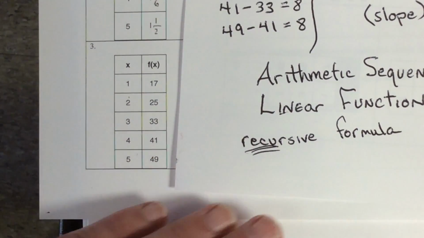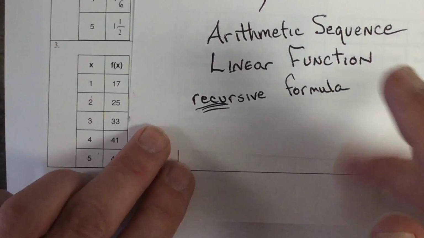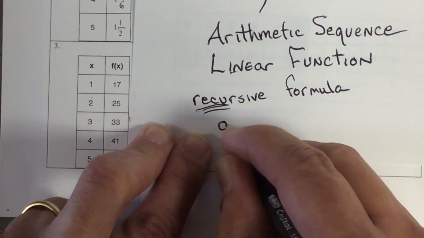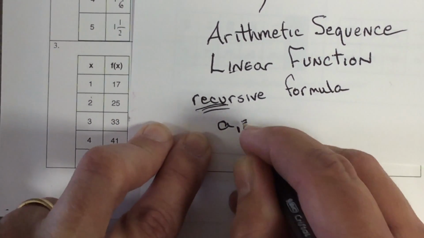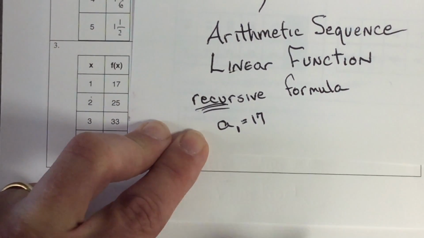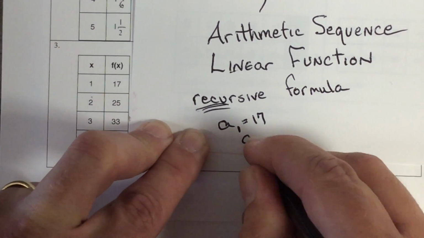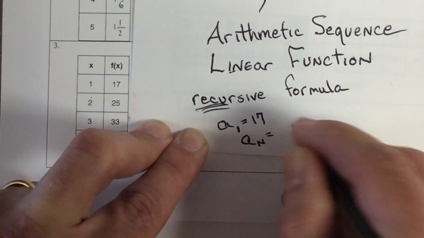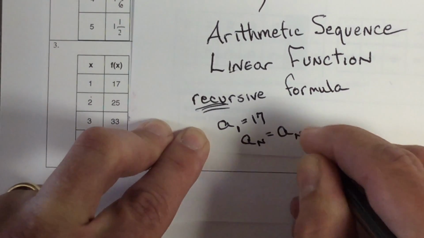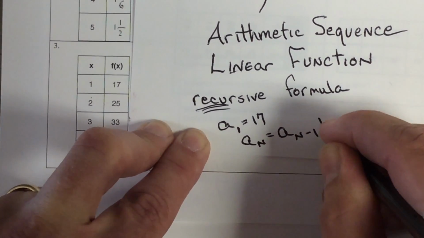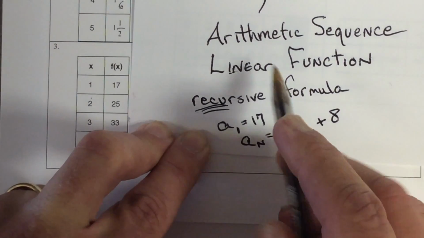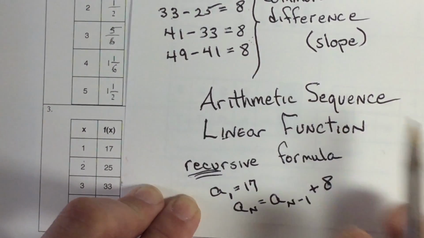And if you look over here at this sequence, you would tell me that we started with 17. That was our first term. And then you would tell me that for every term, if you want to find a term, you have to find out what the term just before it was, and add 8 to it, because that was our common difference up here.